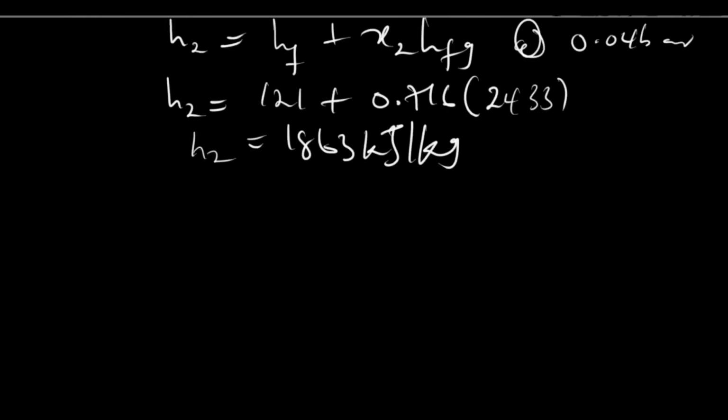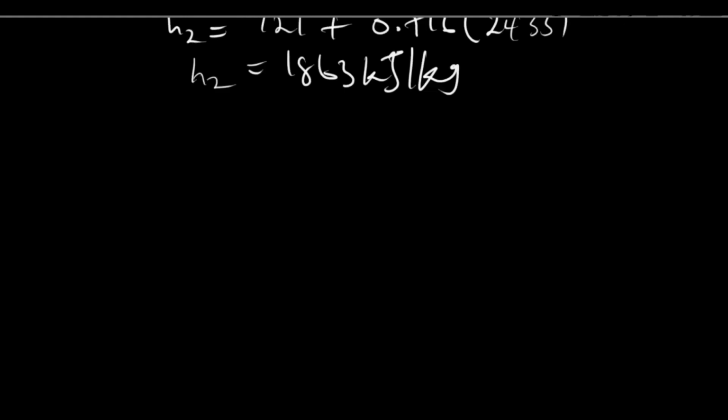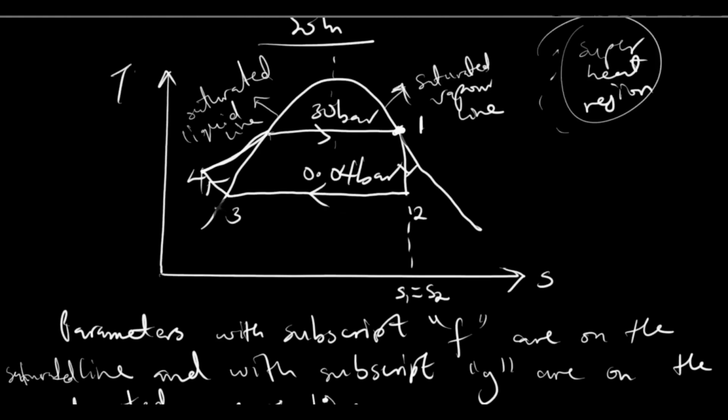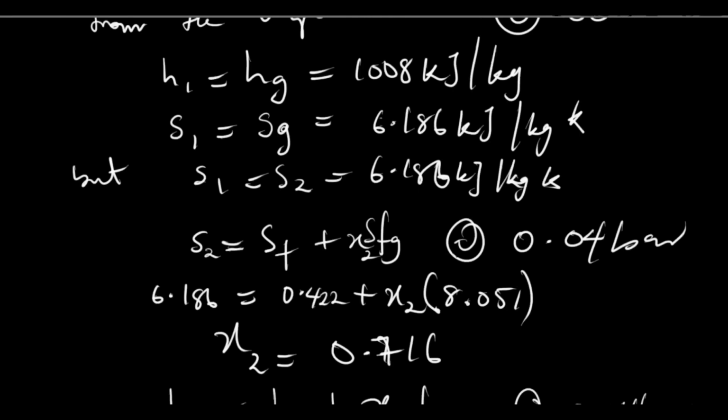Now the next is the H3. Well, you can see that the H3 is on the line, but which line is it lying on? It's lying on the saturated liquid line. So go to the table also. At 0.04 bar still, look for HF.